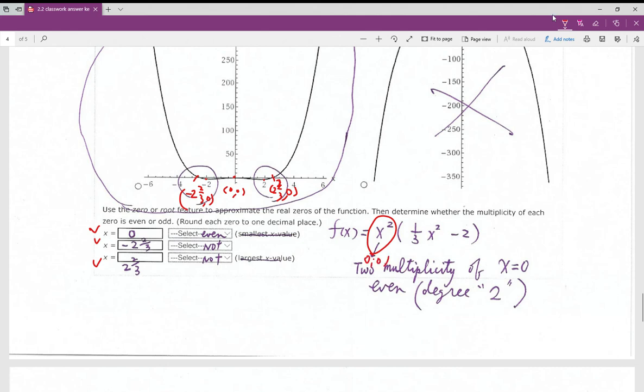If you don't have a duplicate, then the graph is supposed to go this way or that way. But why didn't the graph go one up, one down? Because you have a duplicate. You have 2 zeros here.